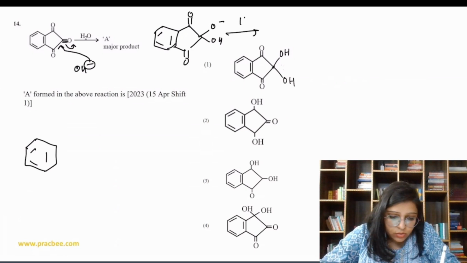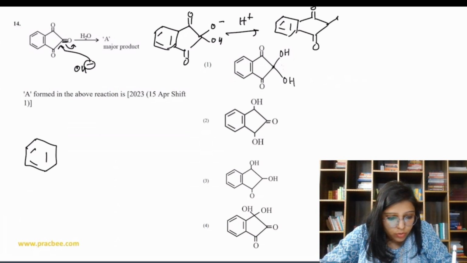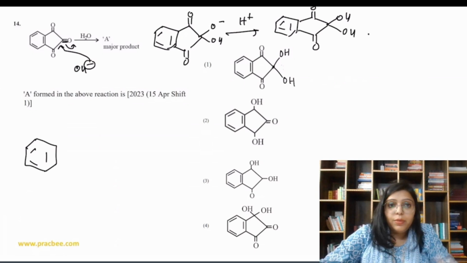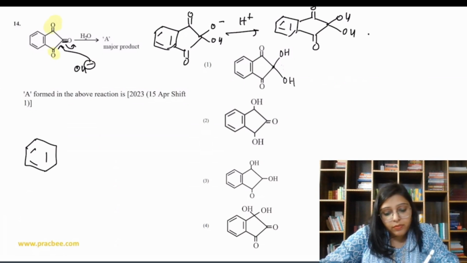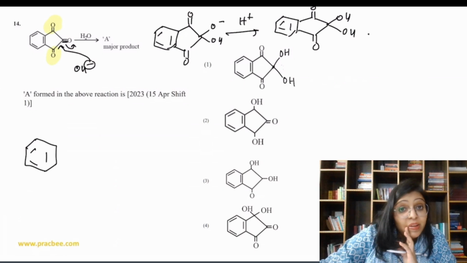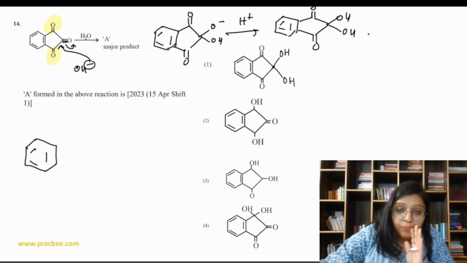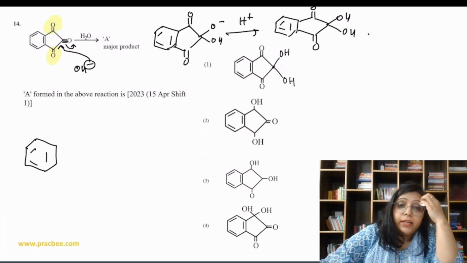Now in the presence of H plus, what do we get? We get double bond O, OH and OH. Now we can do the same thing with this one, with this one, we can do the same thing with any C double bond O. Okay?